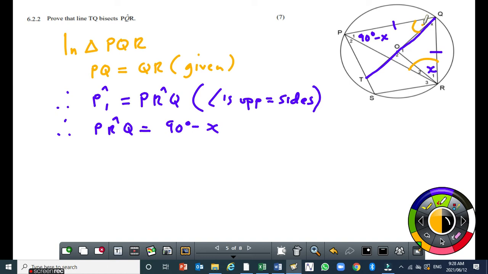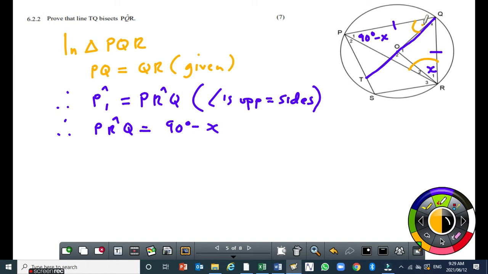We are given in the question that PQ is equal to QR. So in triangle PQR, that means this whole angle here is going to be equal to P1. But we found P1 is 90 minus x. Therefore, the whole angle R1 plus R2 is equal to 90 minus x. Then I'm almost done.